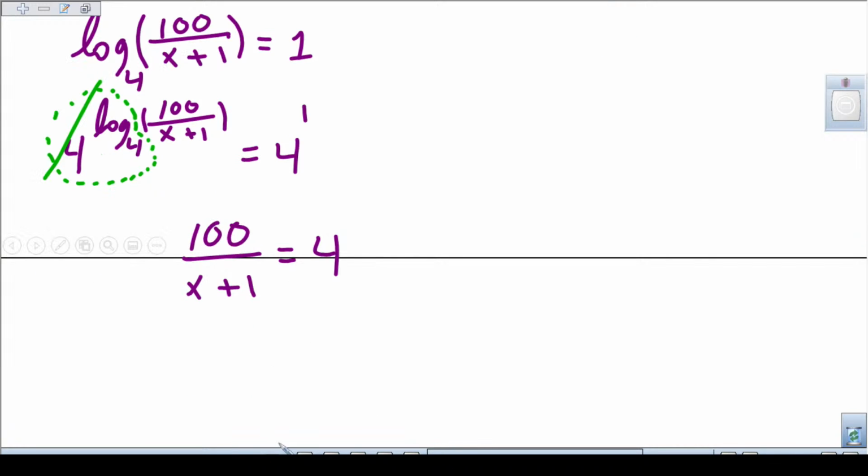And then you cross multiply, because you could make this 4 over 1. Cross multiply. That becomes a linear equation, so 4 times x plus 1 equals 100. Now I'm going to divide by 4 on both sides.